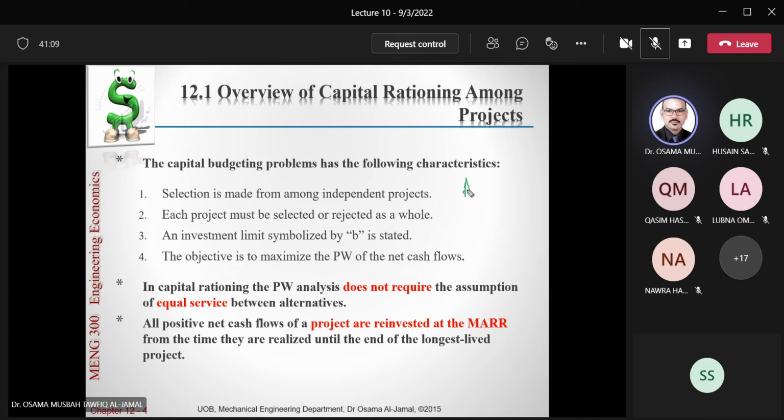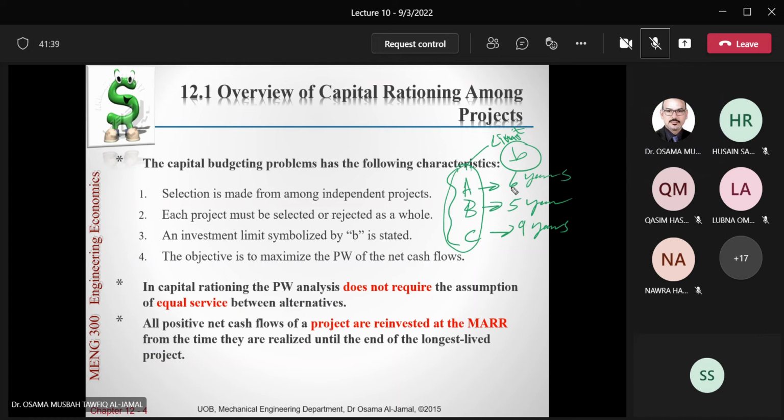For example, you select a project A that will last for 6 years, project B, which will last for, say, 5 years, and a project C, and you select them all as a bundle, which will last for 9 years. The 3 are within our limit, which is B.